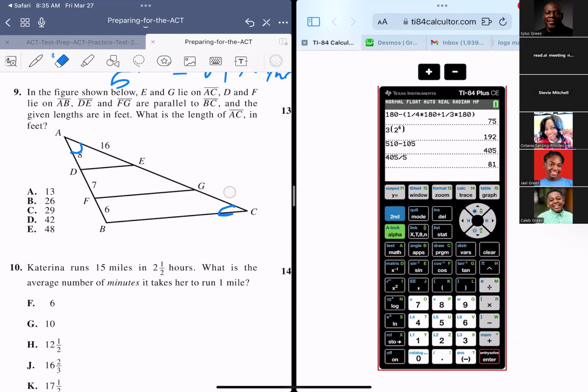That means that all the angles in all the triangles are the same, which means that they're similar triangles. Okay, so now it's asking what's the length of AC in feet? Well, we know the length of AD is 8, and we know the length of AB because AC is this big triangle. So we know the length of AB is 8 plus 7 plus 6. That's 21. So 8 over 21.